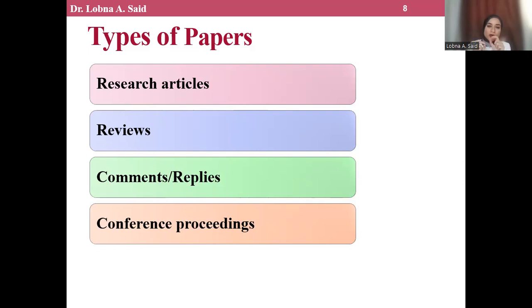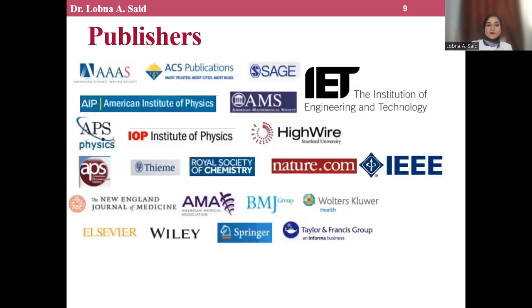You can publish part of it in a conference, and then extend the results to publish a complete research article. Of course, review articles are the hardest, because you have to gather all the literature, have a theme for a review, and conclude what everyone else has done in a specific field over a long period of time, for how many years.